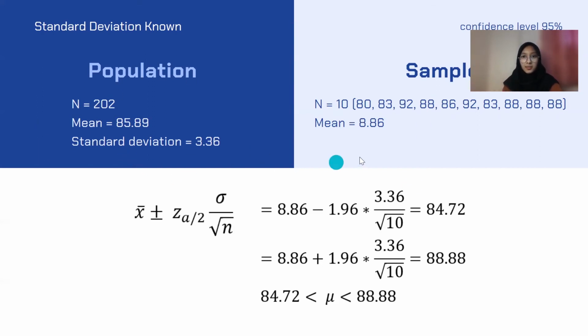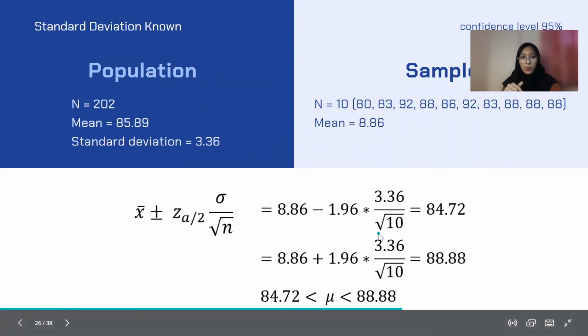After getting all of this data, we substitute the numbers into the formula. We substitute the mean of the samples, 8.86, into the x bar here, and the z value or critical value is 1.96 times the standard deviation of the population, 3.36, per square root of n.